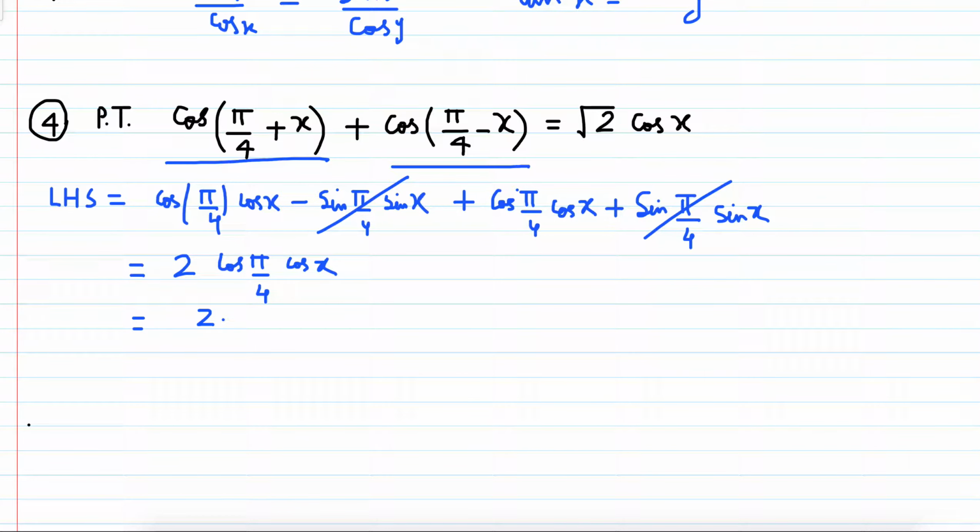So 2 times 1 divided by root 2 cos x. The root 2 cancels, so we get root 2 cos x, which is equal to our right hand side.